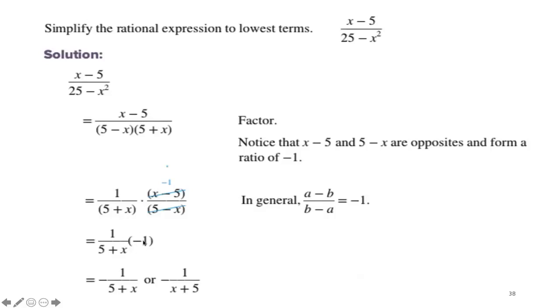And so there's a negative 1 here now, and we can take this negative 1 and put it on the numerator, or put it outside in front. So either one would be correct. Again, the key here is that if we notice that things are negatives of each other, we can cancel them to get negative 1.